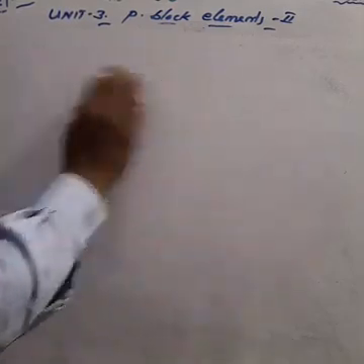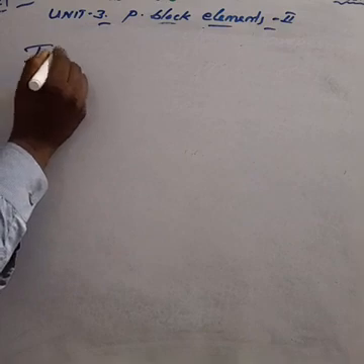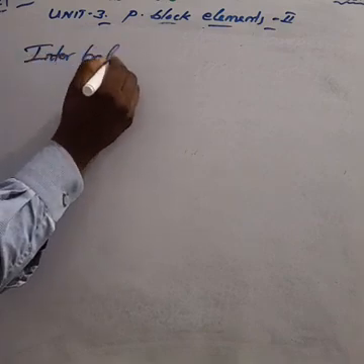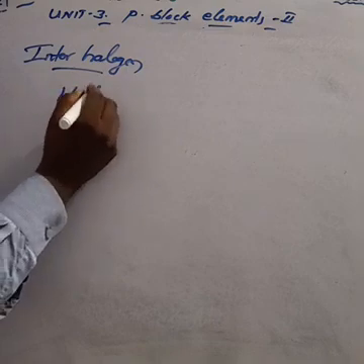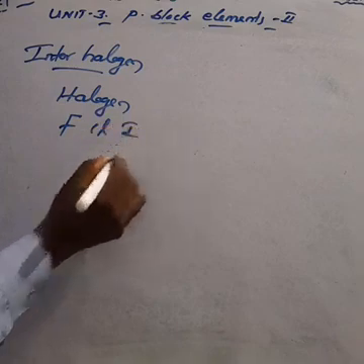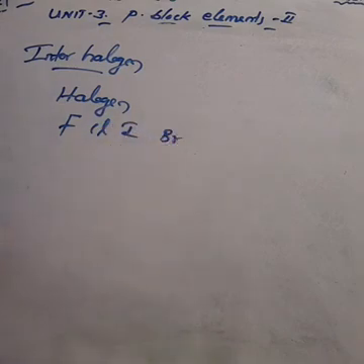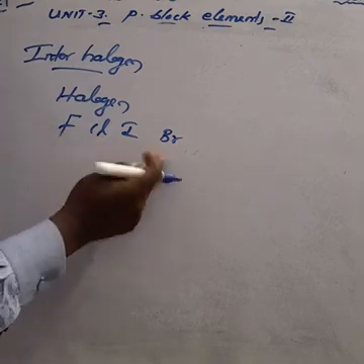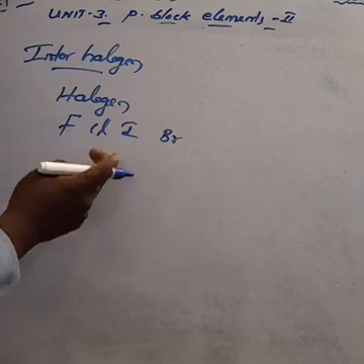Interhalogen compounds. What are interhalogen compounds? Each halogen, it may be fluorine, chlorine, iodine or bromine, combines with another halogen.